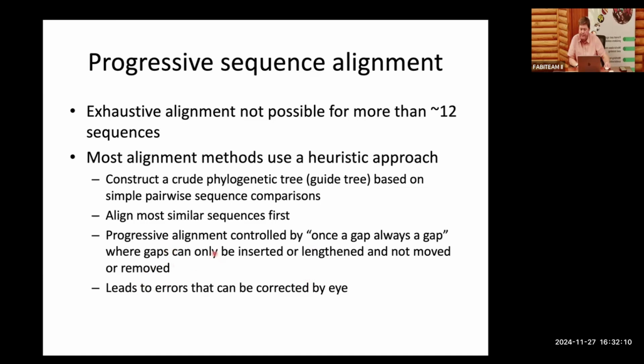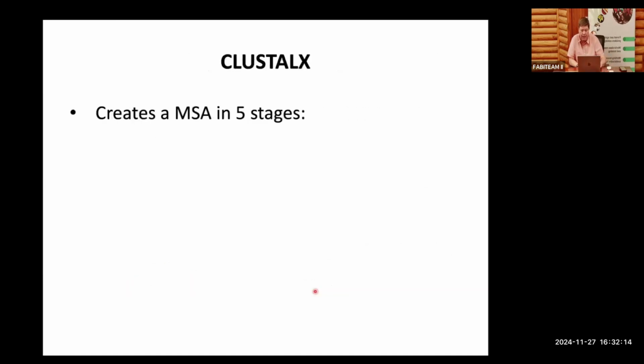Some of these alignment programs can make errors, and this can then be corrected by iteration. Many people use Clustal X, Clustal W. The newer version of Clustal is Clustal Omega. All of these programs have their advantages and disadvantages. I will show you just a snapshot. Clustal X creates a multiple sequence alignment in 5 stages.